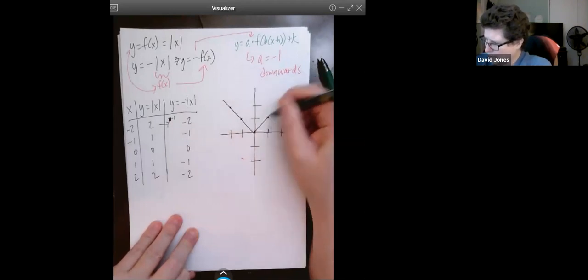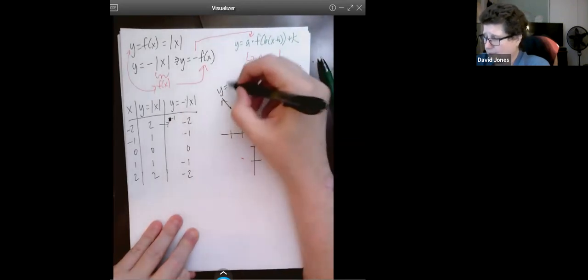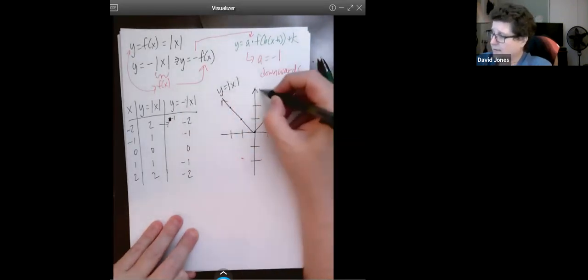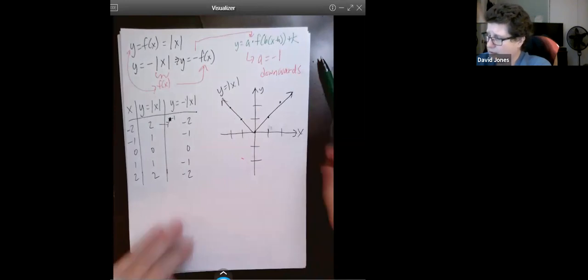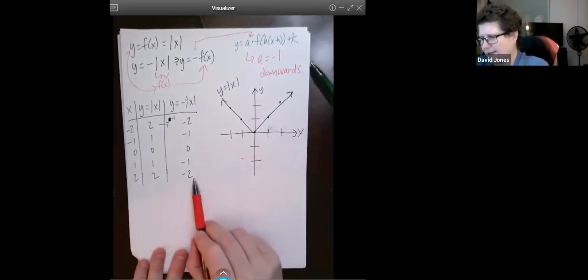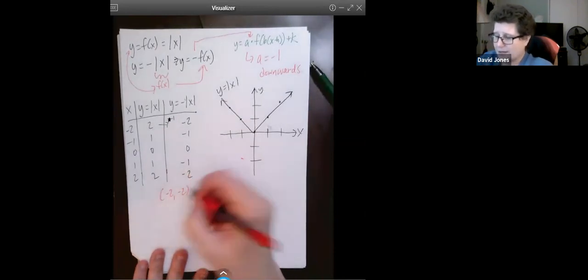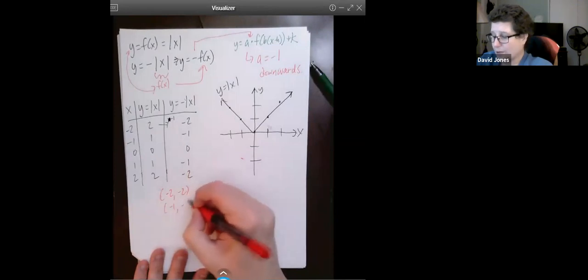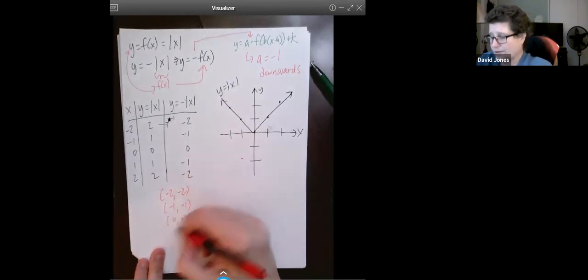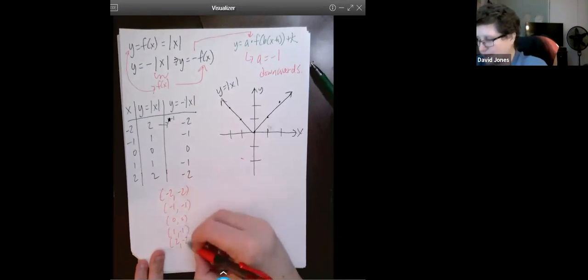So my base graph is that one, y equals absolute value of x. When I do the reflection, or the negative absolute value of x, I've got the points (-2, -2), (-1, -1), (0, 0), (1, -1), and (2, -2).